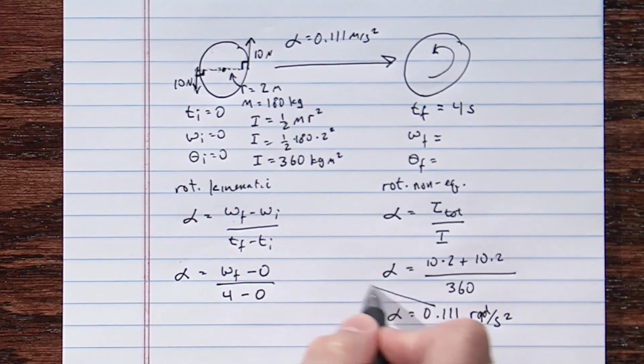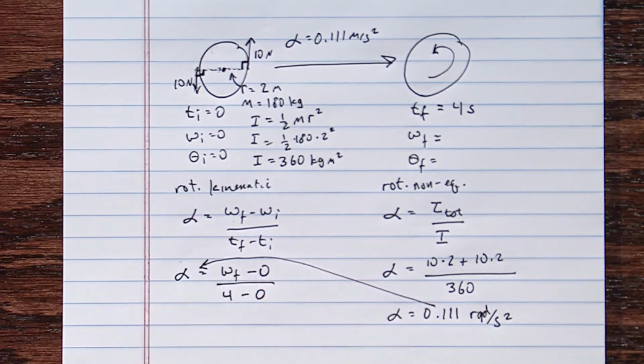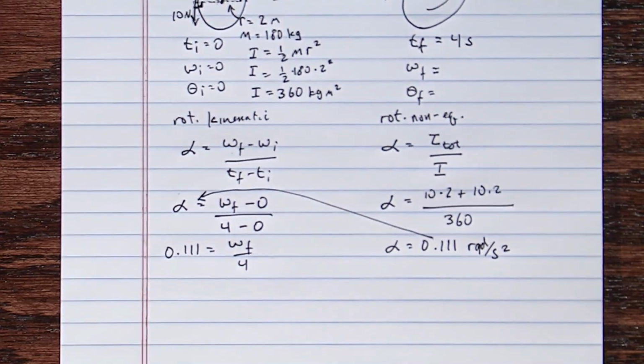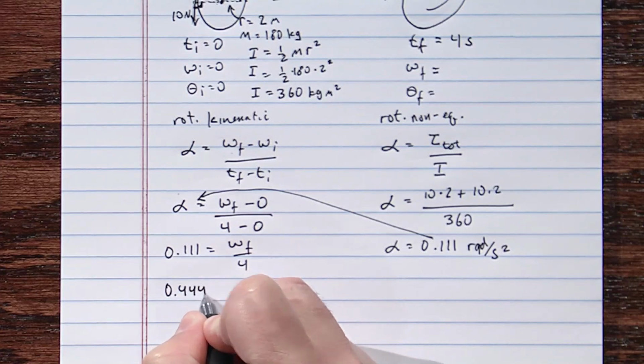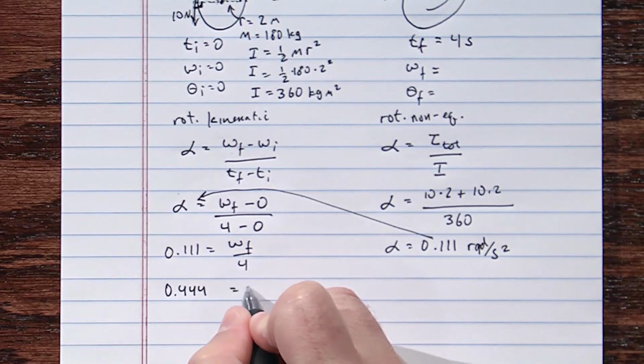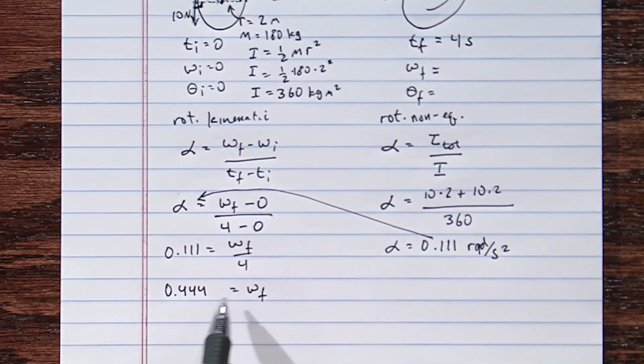And now we can take that, bring it over here, and solve for the angular velocity at 4 seconds. So 0.111 is equal to omega final divided by 4, or 0.444 is equal to omega final.